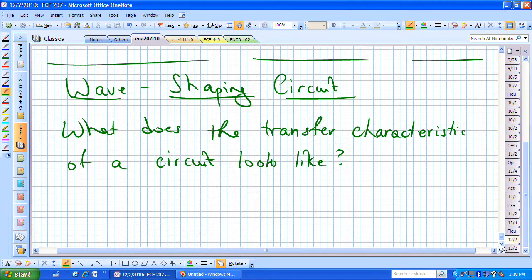Or in other words, if somebody gives me an input voltage applied to a circuit, what's the output voltage, and how does the output voltage relate to the input voltage? What's my graph relating VO to VIN?